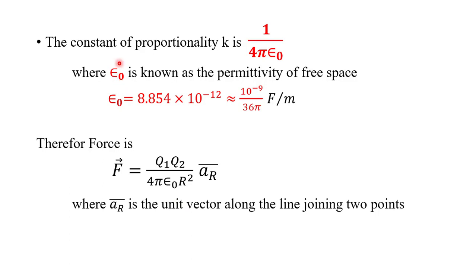The constant of proportionality K is given by 1 upon 4 pi epsilon naught, where epsilon naught is the permittivity of free space. If free space is not present, it is written as 1 upon 4 pi epsilon. In most cases we are going to consider free space, therefore it is written as 1 upon 4 pi epsilon naught.